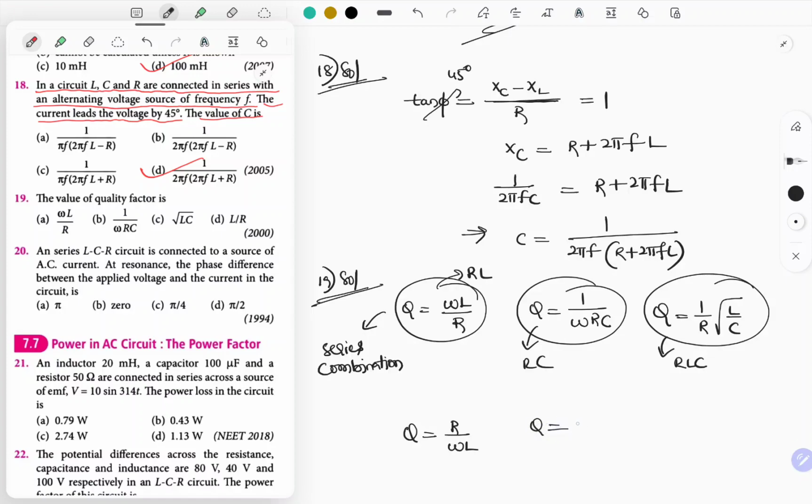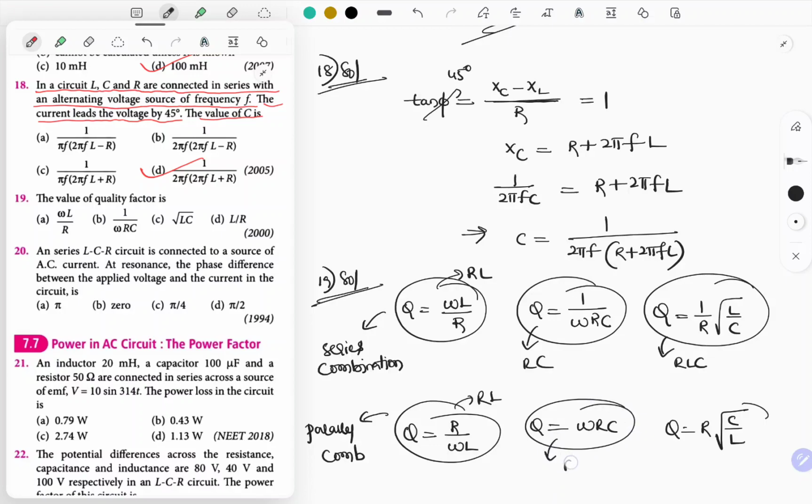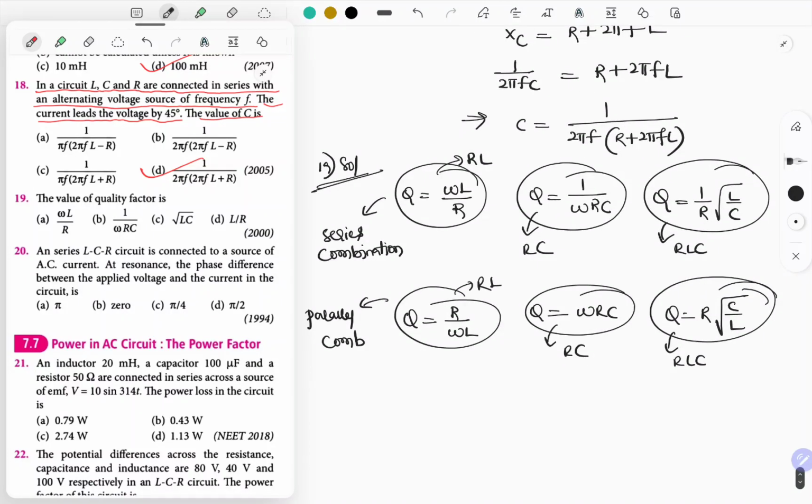Then Q is equal to omega RC, and Q is equal to R into root of C by L. This is applicable for parallel combination of RLC. So this is RL circuit, RC circuit, and this is RLC circuit. Okay, are you getting the difference between them?